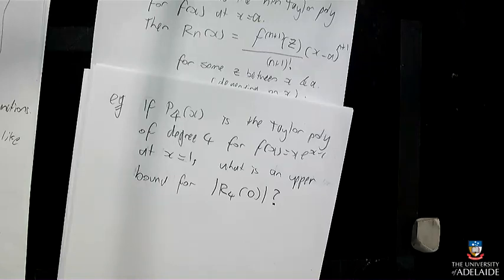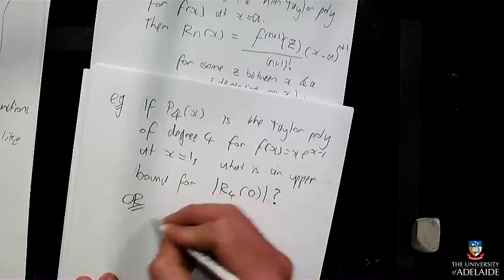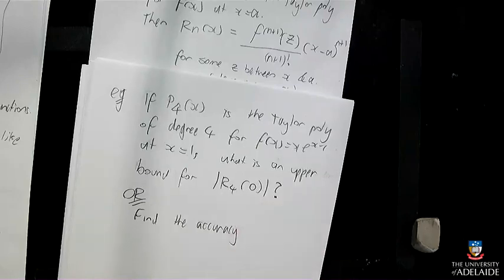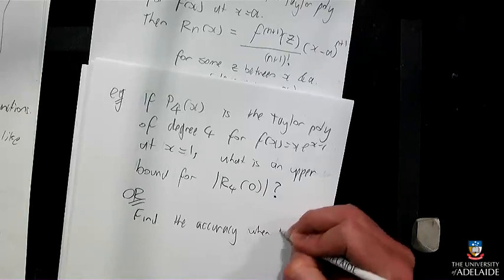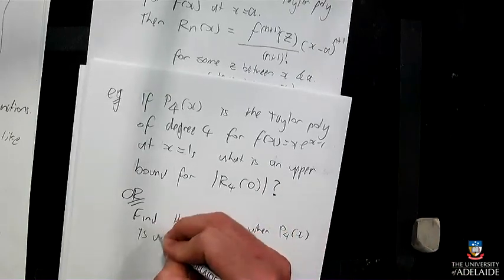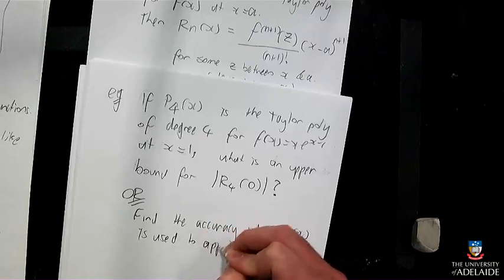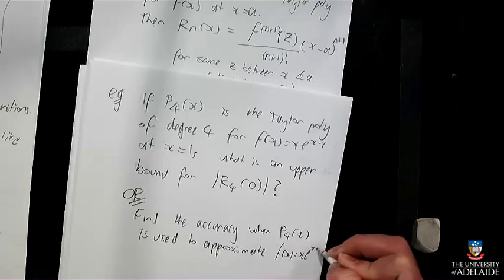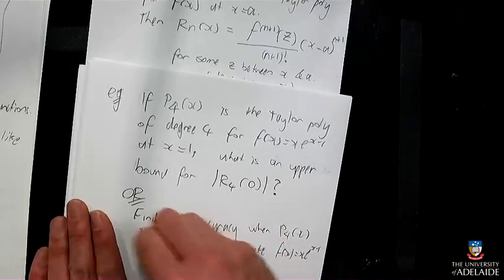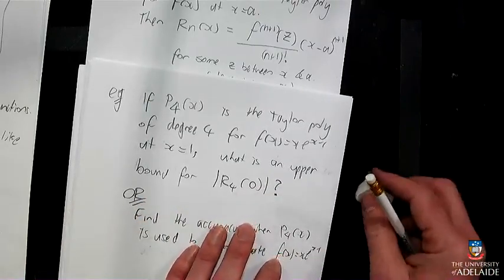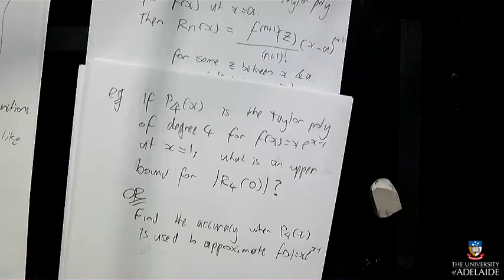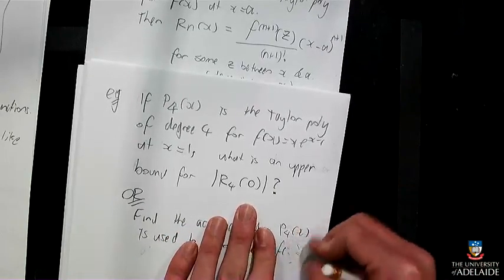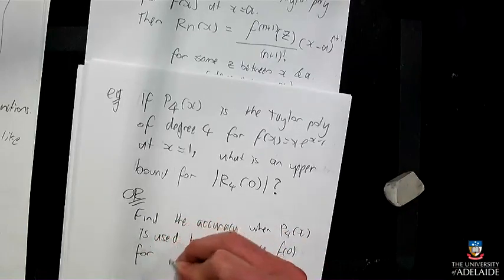So he might also say something like, in other words, you could say, find the accuracy when P4(x) is used to approximate f(x) = x e^(x-1) at x = 2.